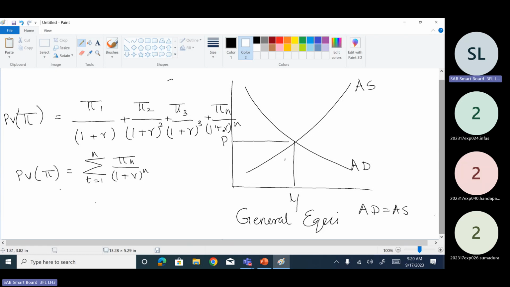So that is the value of the firm. This determines the value of the firm based on the future expected profit.